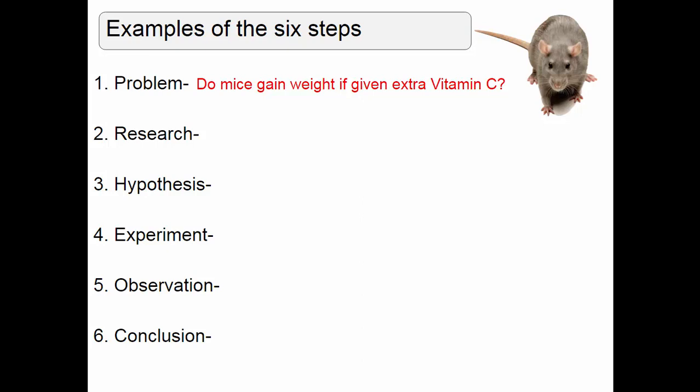So make sure the mice are healthy. Maybe learn how to take care of mice. What kind of food, what kind of living conditions do you need to give them? Where there are some sources of vitamin C that you might be able to use. All that stuff sort of falls under this research step. It's not really part of your experiment yet. It's just sort of some things you're going to need to know and be able to set up and conduct this experiment.